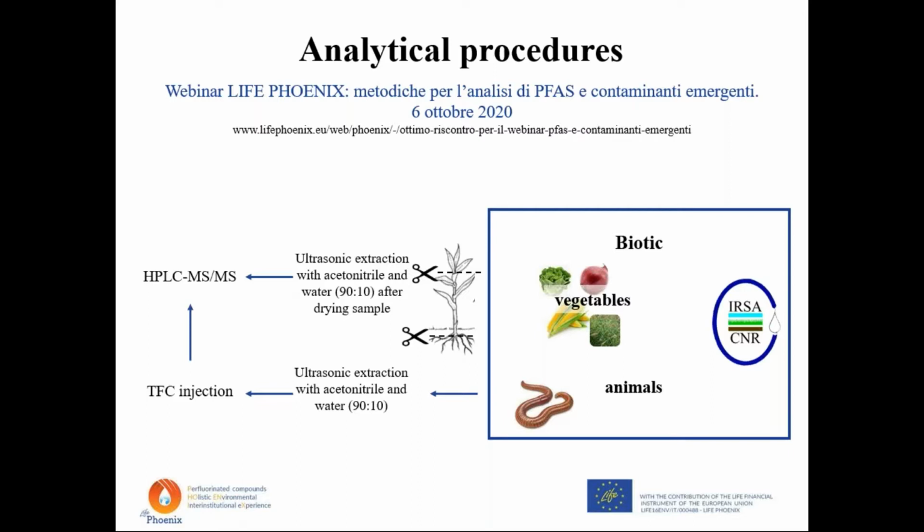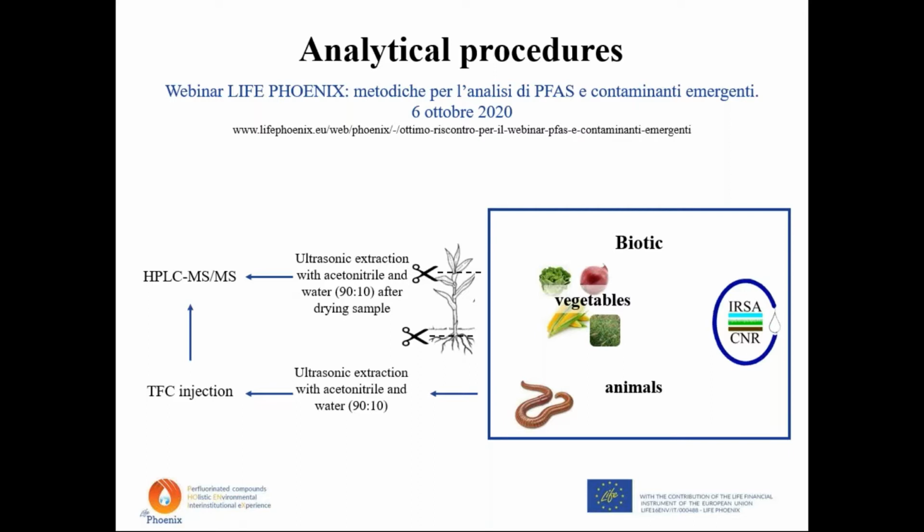In particular, for animal extracts, these samples were injected by TFC, so by turbulent flow chromatography, which was avoided for vegetable samples because we wanted to improve the recovery of short-chain compounds, so the recovery of early eluting compounds.